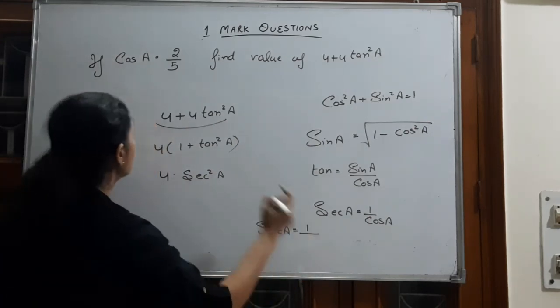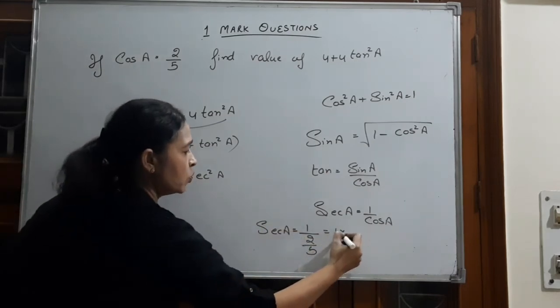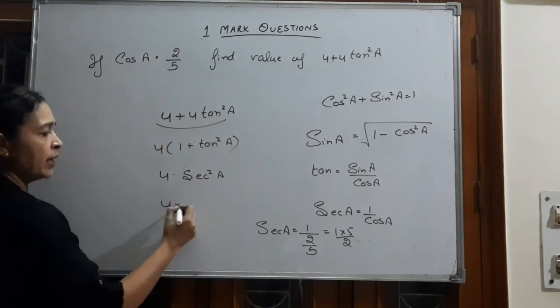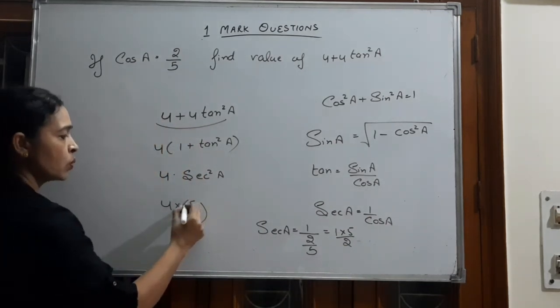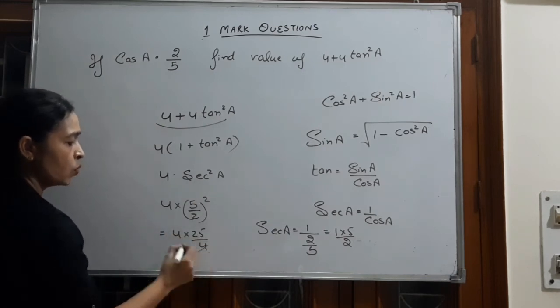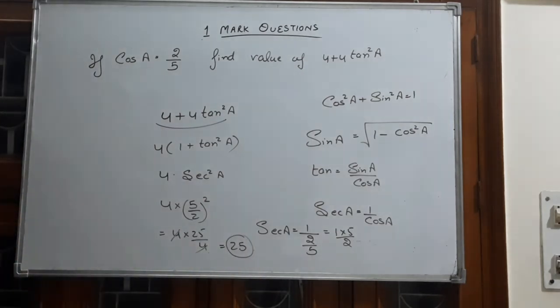Sec A will be 1 upon 2 by 5, that is 1 into 5 by 2. Sec A is 5 by 2. Therefore 4 into 5 by 2 whole square, 4 into 25 by 4. 4 and 4 get cancelled. 25 is our answer.